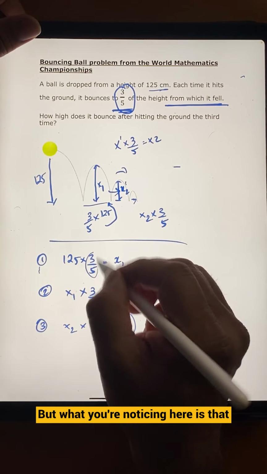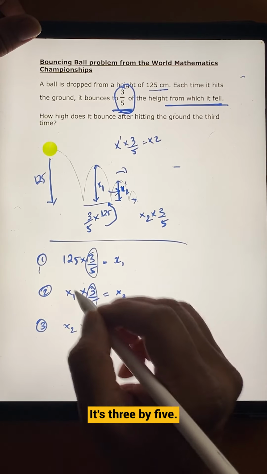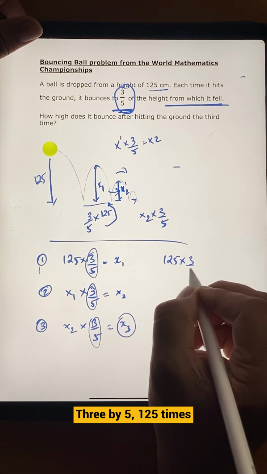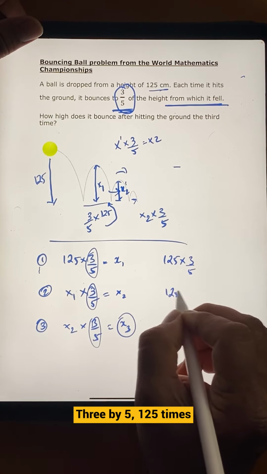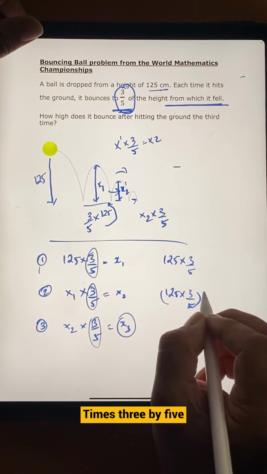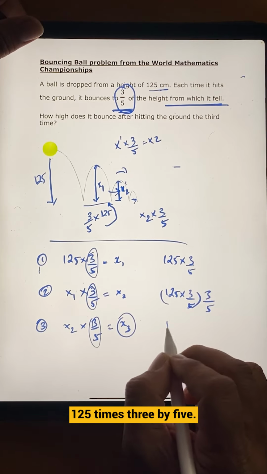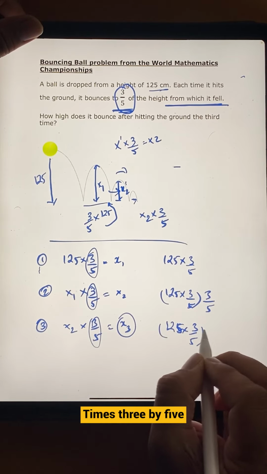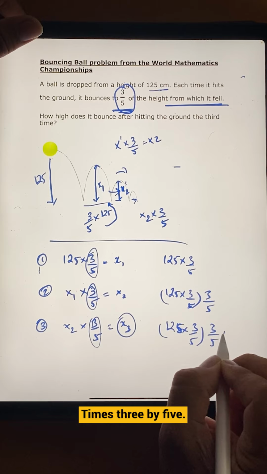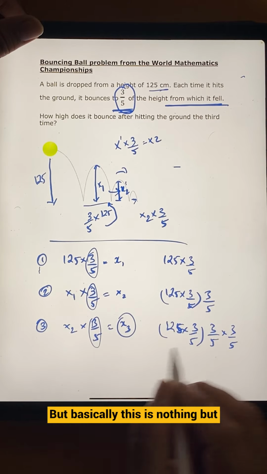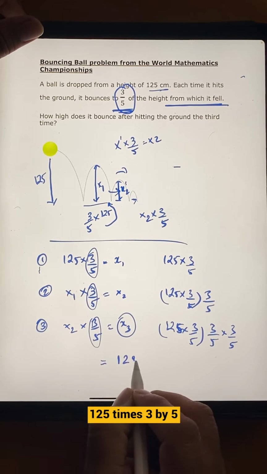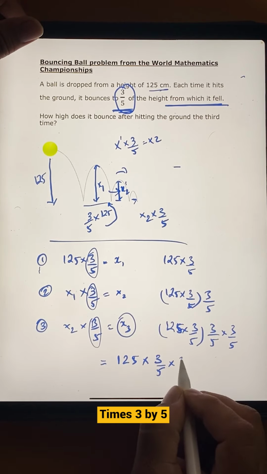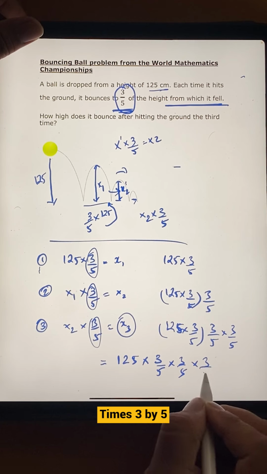But what you're noticing here is that it's 3 by 5. So this can be written as 125 times 3 by 5, 125 times 3 by 5 times 3 by 5, 125 times 3 by 5 times 3 by 5 times 3 by 5.